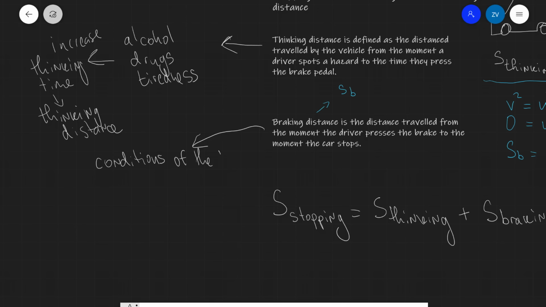It will also be dependent on the mass of the vehicle, because if you have a lorry that has been loaded, an equal amount of braking force will produce less of a deceleration if the mass of the vehicle is quite high. Also, the conditions of the road will have an effect. For instance, if it's wet or slippery, then our braking distance will increase considerably.